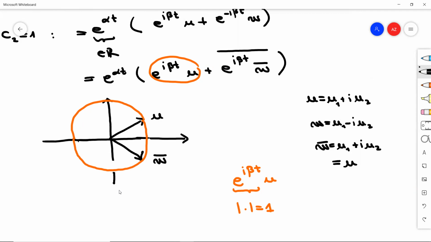And then the second vector, e to i beta t w conjugated and everything conjugated, is also traveling along the same circle, since it is also of size 1.